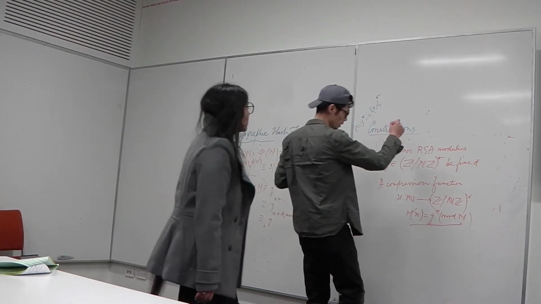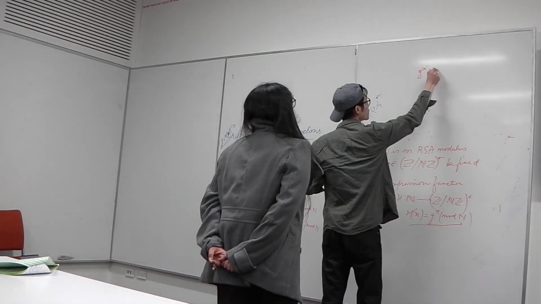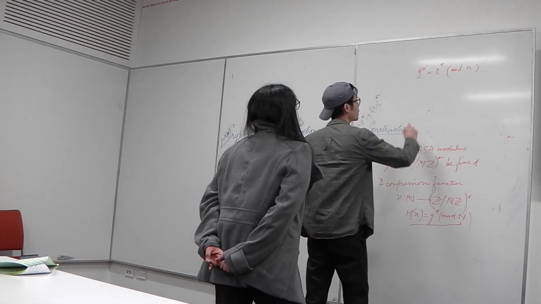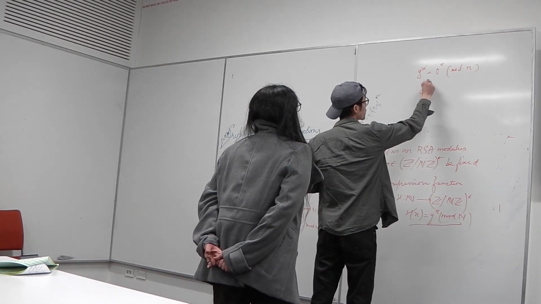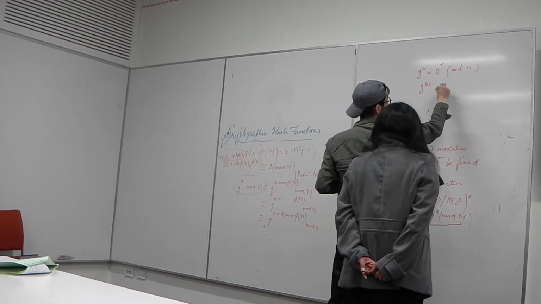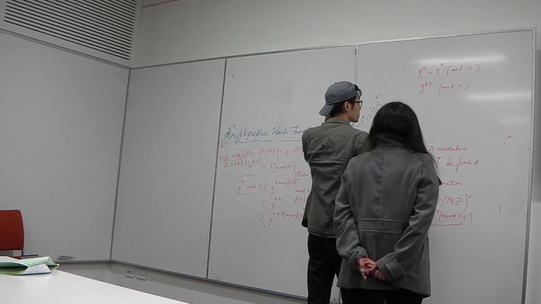So if you find x prime equals g to the x mod n, suppose r is the order of g, and then this is my n.